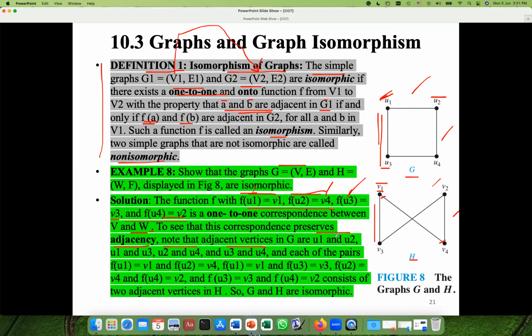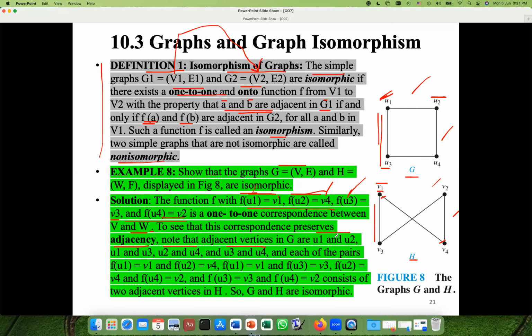Otherwise not. If you have a question like that, the easy thing first is to count their number of edges and vertices. If they have different vertices and edges, then there is quite a chance that they are non-isomorphic. But still you have to check one or more further conditions to give your final answer.